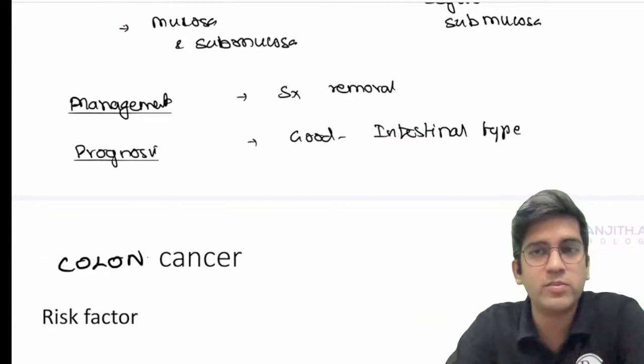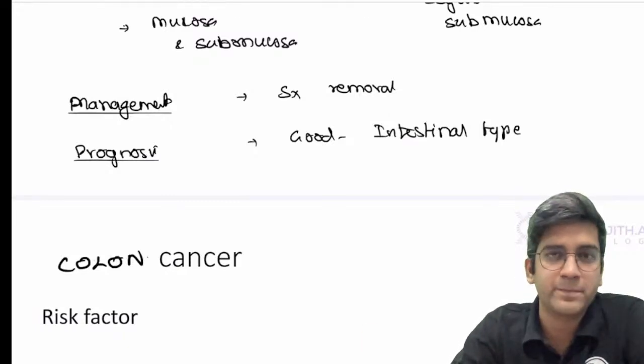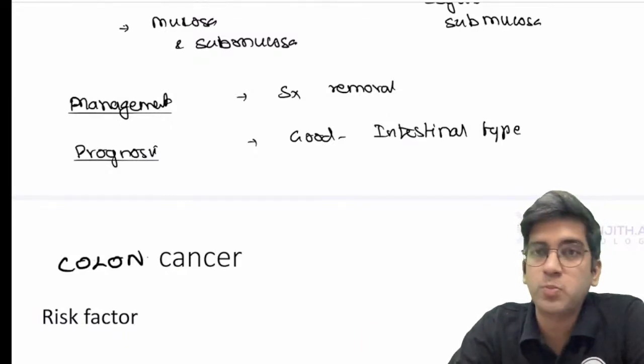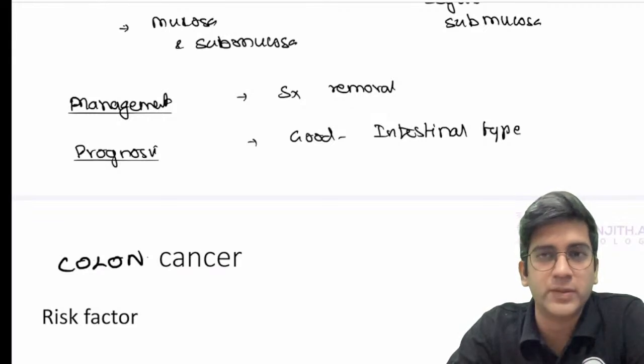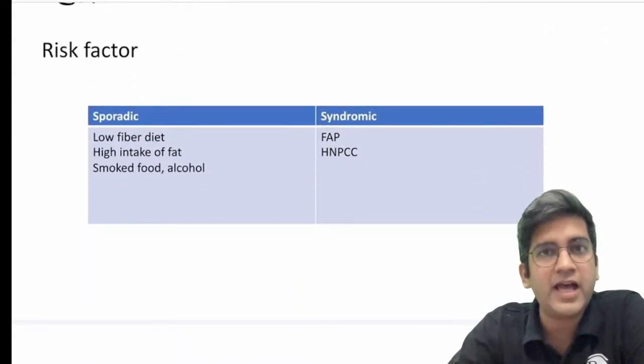Can anyone tell me what will be the risk factors for colonic carcinoma? Not syndromic, sporadic. Anything which comes to your mind for sporadic risk factors? By default, a low fiber diet and a diet rich in excess of fat, also carbohydrates.